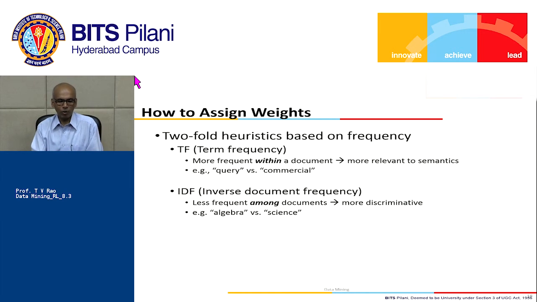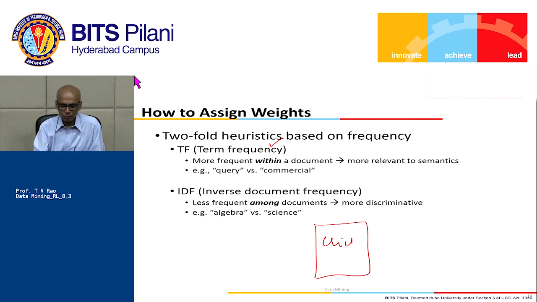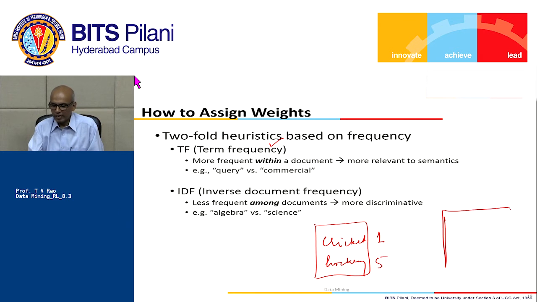Some keywords become more important than others. One can be the term frequency. As we have seen, if there are two documents, one document has cricket coming in once and hockey coming in 5 times, and another document where cricket is coming 20 times.